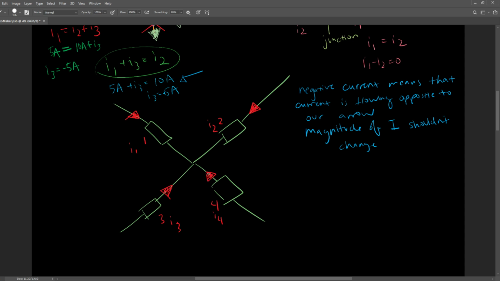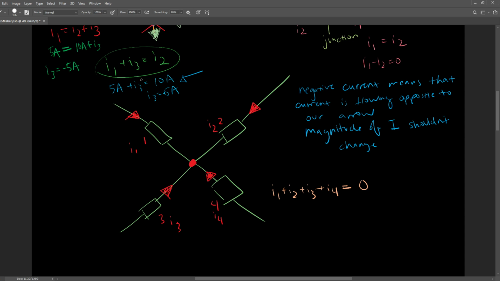oh, we get something interesting. The currents flowing into this junction add up to nothing. What I mean by that is there's no outflow. So I1 plus I2 plus I3 plus I4 flow into the red junction, and they all add up to 0.